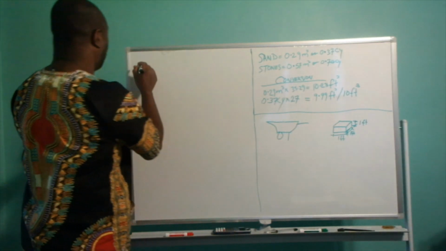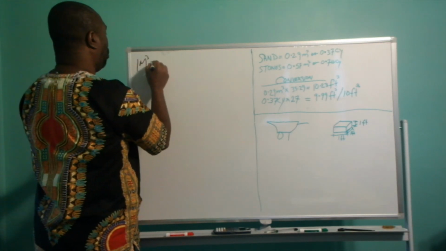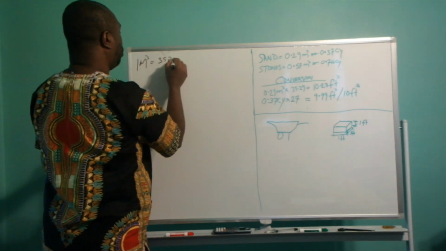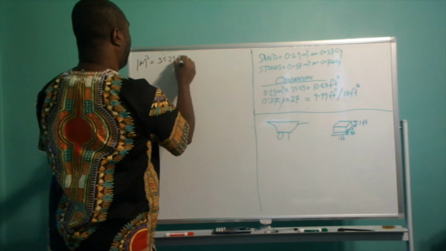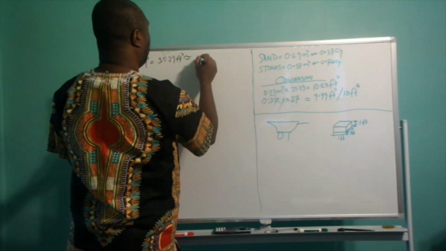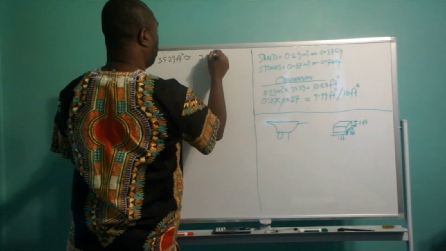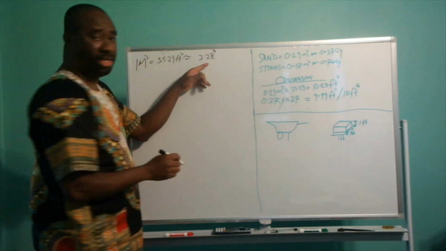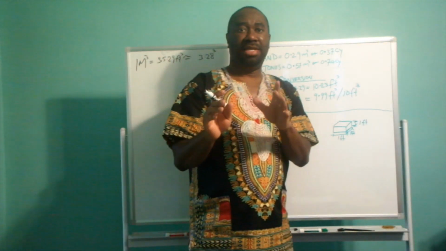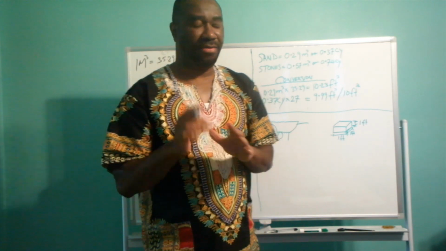Remember, 1 meter cube is equivalent to 35.29 cubic feet, and this is derived from 3.28 cubed, because 1 meter is equivalent to 3.28 feet.